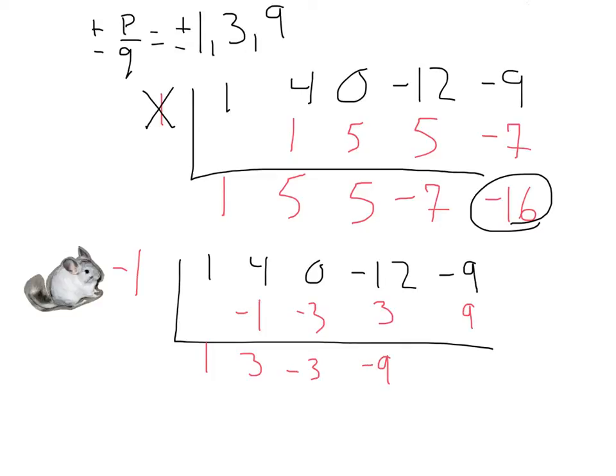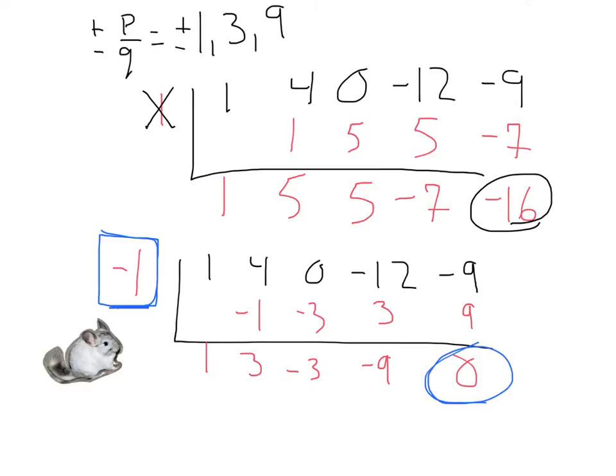I'll get a 9 up here and a 0. This time I have no remainder because I got that beautiful looking 0 right there. So I know that -1 is indeed one of my zeros. I'll go ahead and box this so I remember that that is one of my zeros.